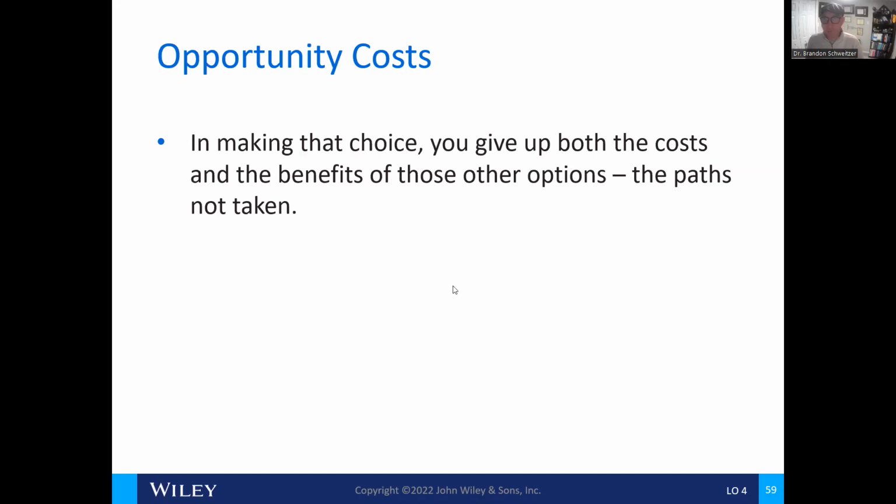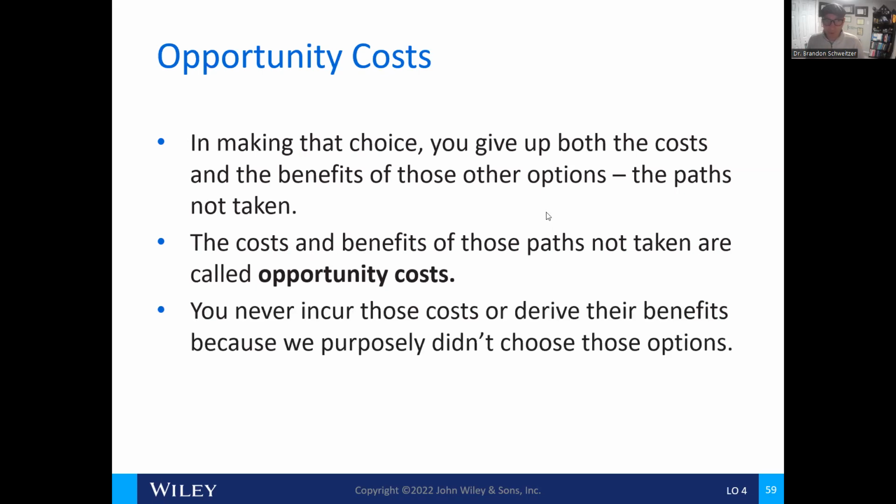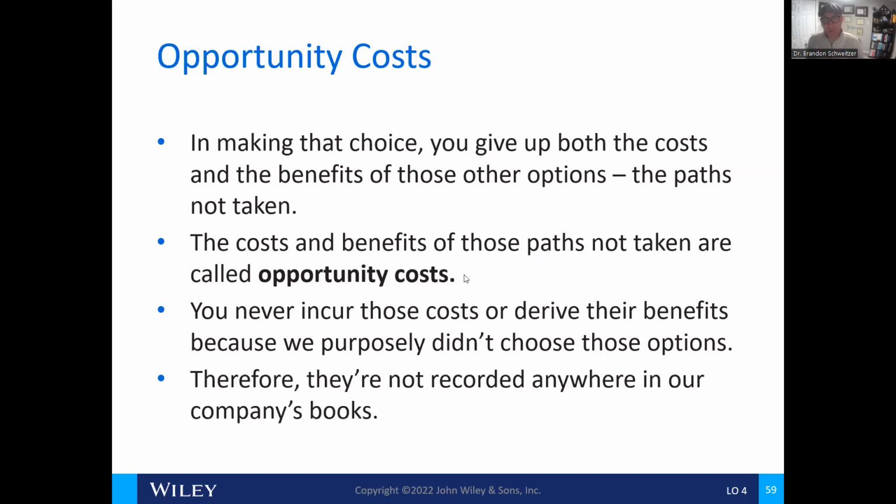The opportunity cost is the path not taken. Based upon a cost-benefit relationship, the path that's not taken is called the opportunity cost. We will not incur these costs because we gave them up and chose a different option. We don't record opportunity costs because we did not incur them.